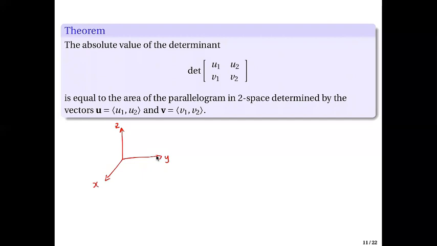On the xy plane, the third component will be 0, which means the vector u in three space can be the vector with components u1, u2, 0.